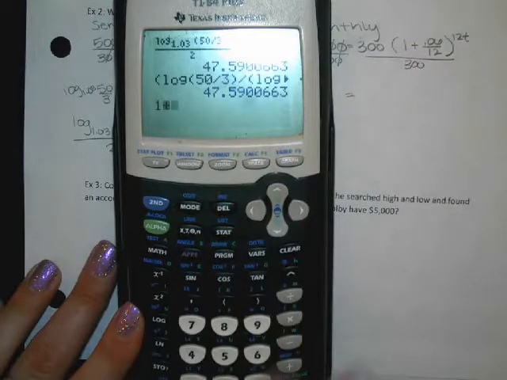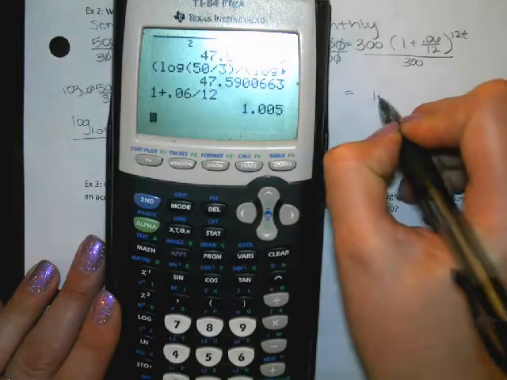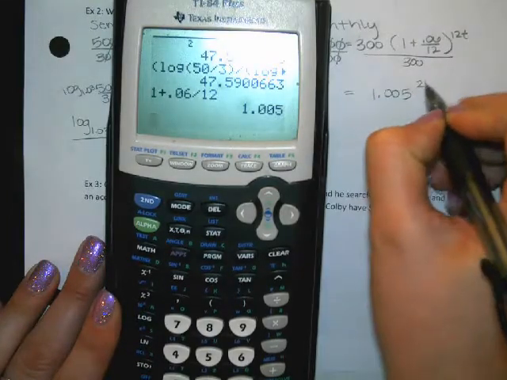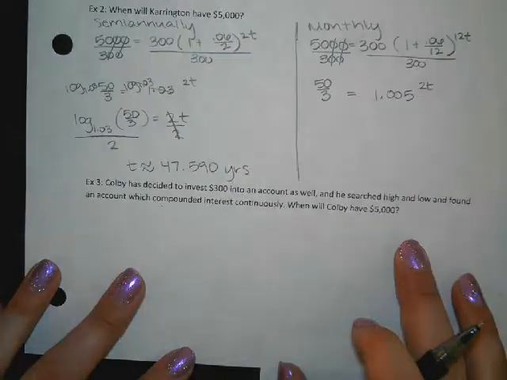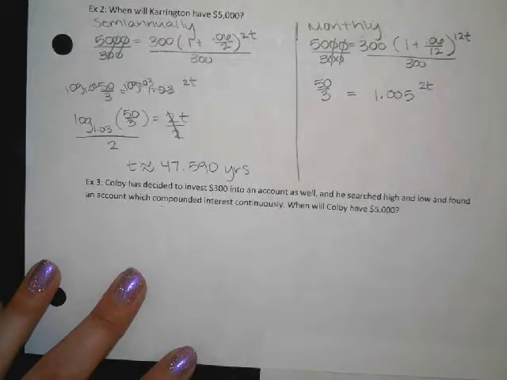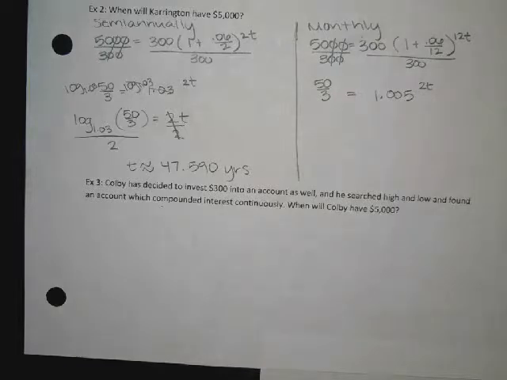So 1 plus 0.06 divided by 12 is 1.005 to the 2t. We have a problem that is written as an exponential function right now. We want to undo the fact that it's exponential so we can get that t value isolated.